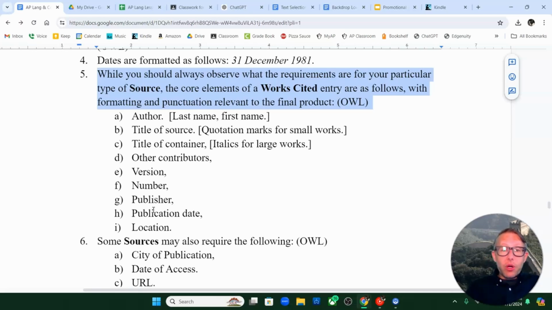The other things to note about this that are worth mentioning whenever you're making works cited entries is I did pay close attention as I was formatting this to have punctuation as accurate as possible. So notice, after the author's name, it would be a period, a comma after the title of the container, comma after contributors, version, number, publisher, publication date, and then a period at the end for location.